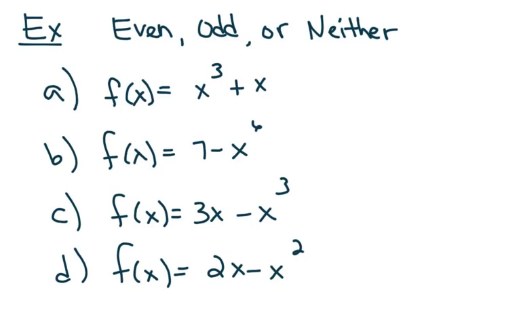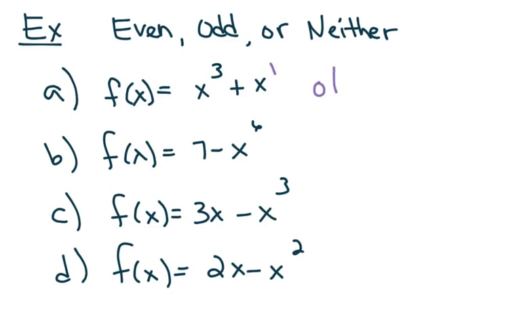We can actually tell by an equation if the function is going to be odd or even. Now, you can graph it if you want. You can graph it and determine by the look of the graph if it looks like an even function, like it can be reflected over the y-axis, or if it looks like an odd function, like it could be reflected over the origin. But here's another trick. In A, f of x equals x cubed plus x, I want you to notice that both x's have an odd number as their power.